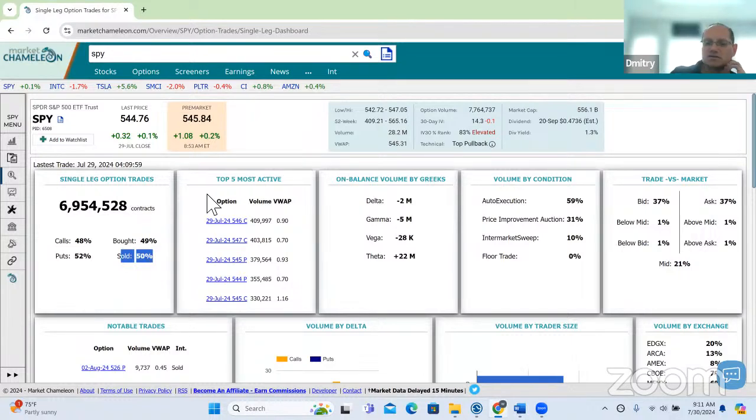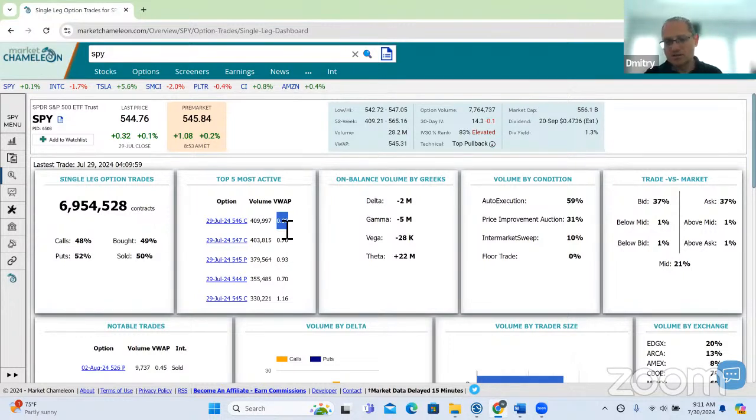Then we have here the top 5 most active options. These are just the single leg trades. It wouldn't include the multi-leg trades. It gives you an idea where most of the trading in single legs is concentrated. These are the top 5. Here we see July 29th expiration, 546 strike, 409,997 contracts traded for the VWAP price, volume weighted average price, of 90 cents.